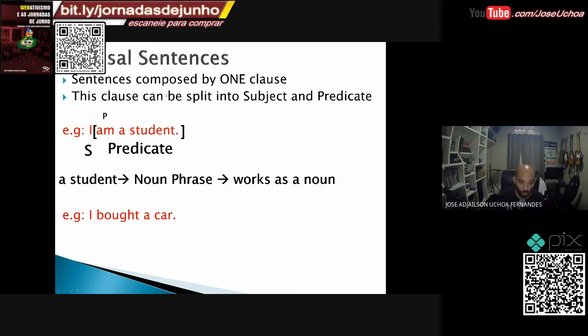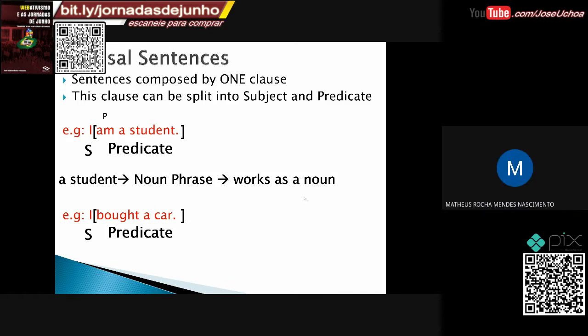A student, as you know, is a noun phrase, and noun phrases work as a noun. Okay. So up to here, there are lots of similarities between I am a student and I bought a car. Take this predicate here, bought a car. I as the subject, bought a car as the predicate, and the predicator is, in I bought a car, bought.